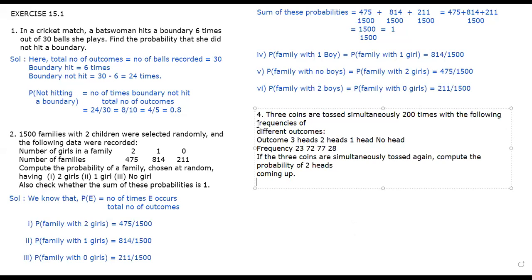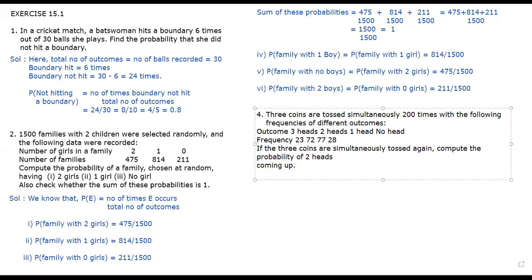Three coins are tossed simultaneously with the frequencies of different outcomes. Outcome will be 3 heads, 2 heads, 1 head, and no head.